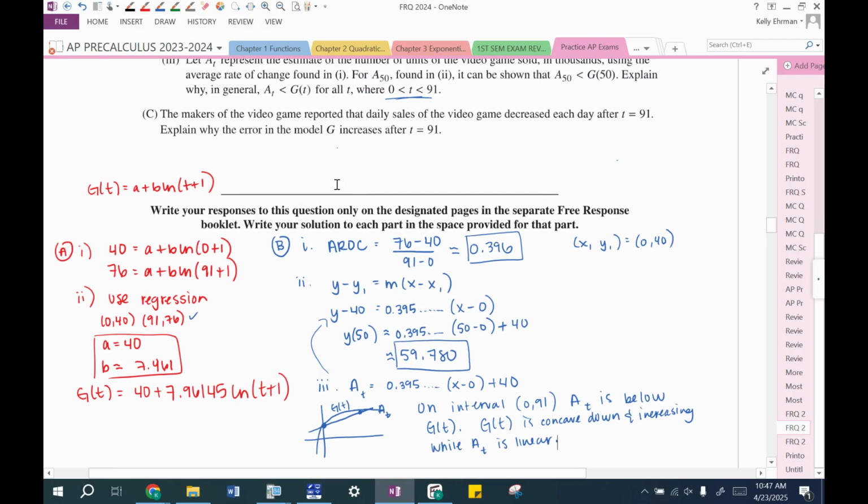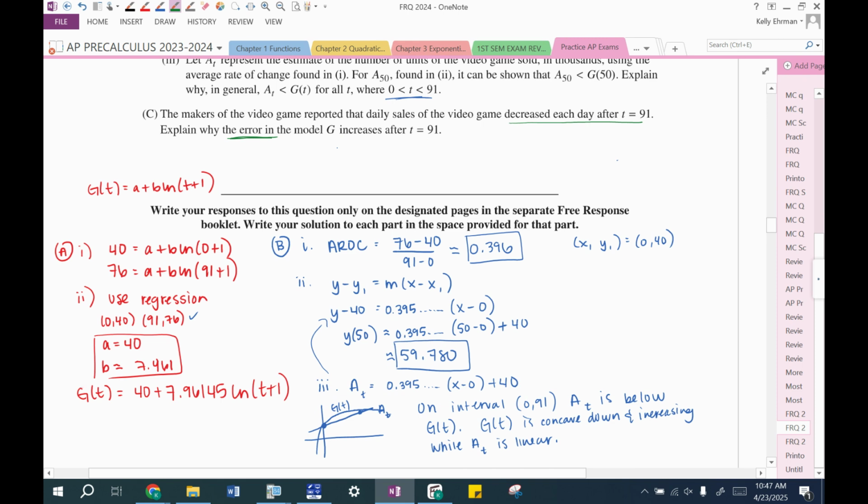All right, and then what about part C? Part C changes slightly from test to test. So one of our practice tests, it was more of a domain question. This one says the makers of the video game reported that daily sales of the video game decreased each day after t equals 91. Explain why the error in Model G increases after 91.